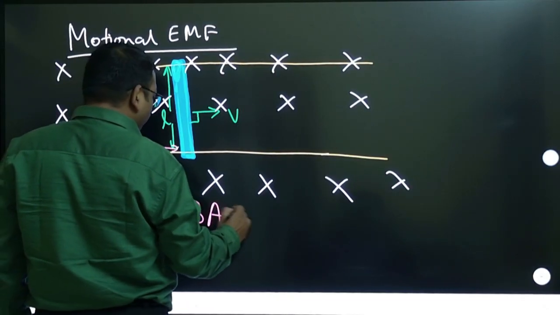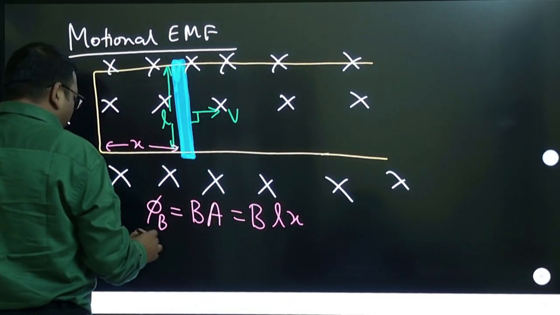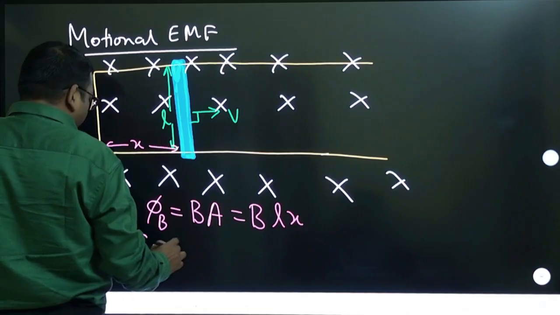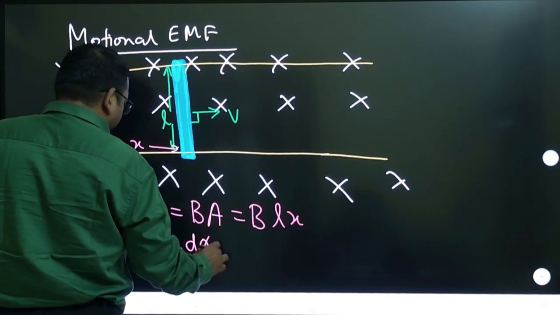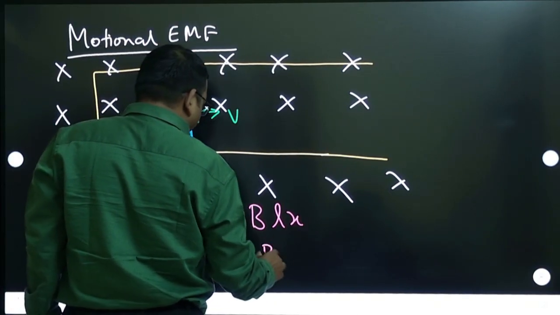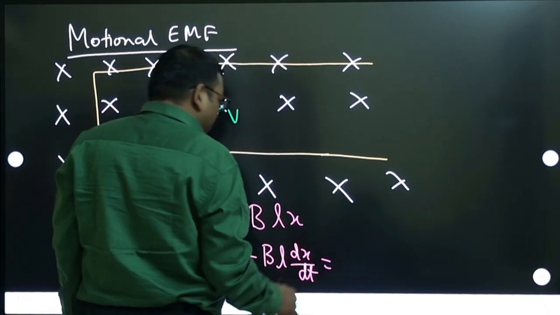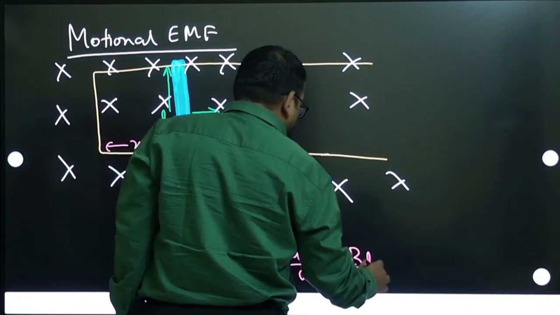So B into A, and area is nothing but L into x. Now if you calculate EMF, that will be minus d phi B by dt, so that will become minus BL dx by dt, and dx by dt is nothing but velocity, so minus BLv.